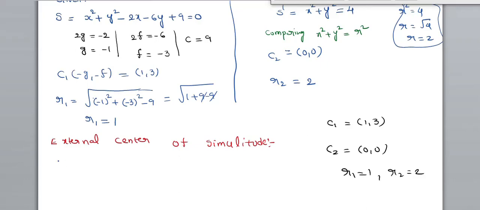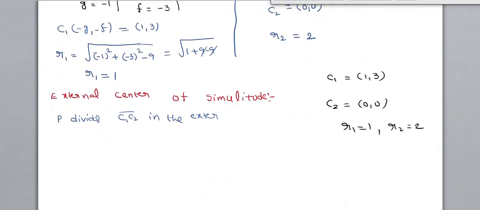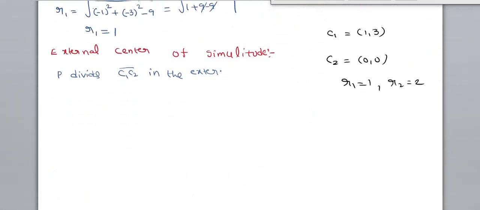So P divides C1 C2 externally in the ratio R1 is to R2.